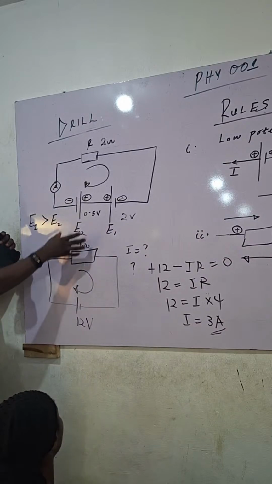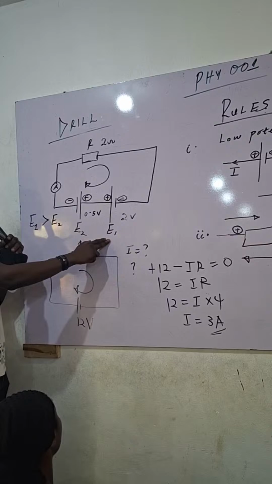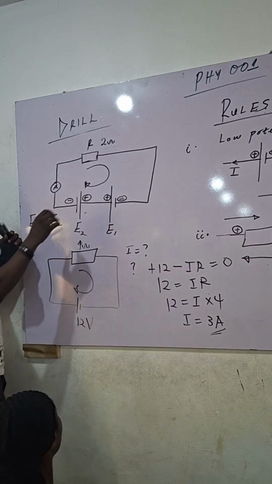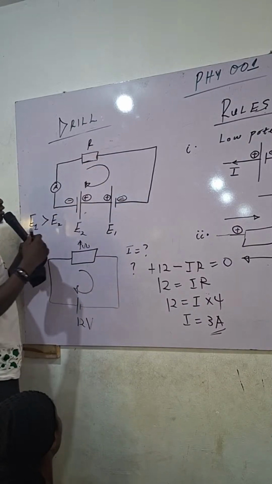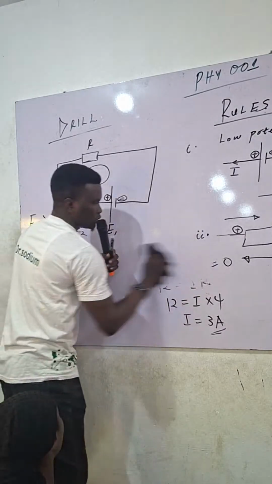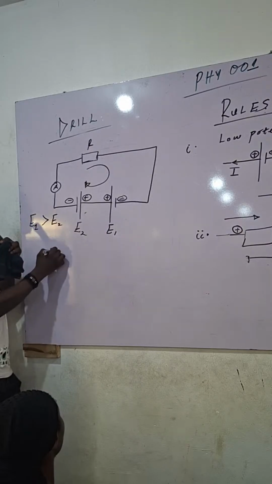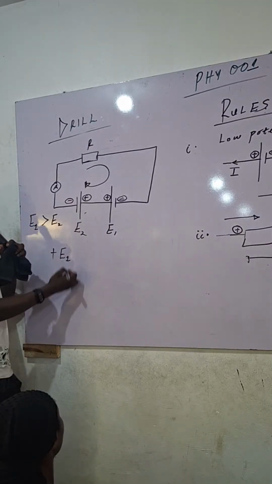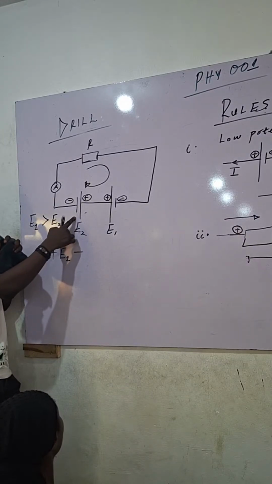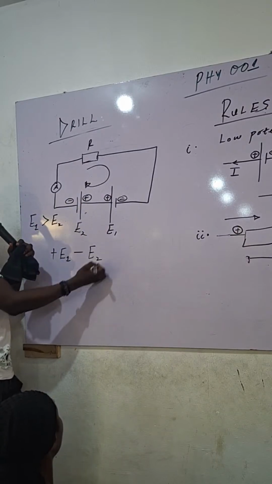So now, from what we have here, if I assume my E1 is greater than E2, then that means I'm going to take my direction this way. Then in that sense, if I want to apply my rule, I'm going to have positive E1, minus, do you agree that this will be minus? Because we're going from positive to negative, minus E2.